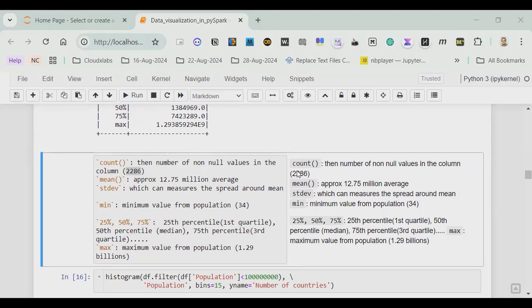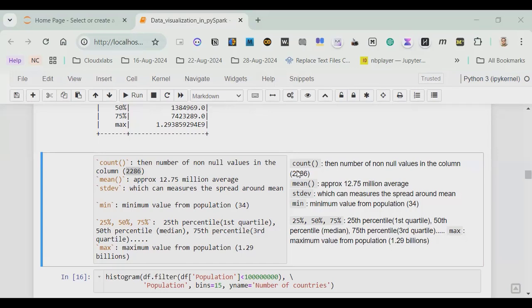Okay. So this indicates insights for us: high population that skews the average. In general, this data particularly has a large difference between the mean and median, one thing, and a high standard deviation, which generally suggests a skewed distribution of population values.